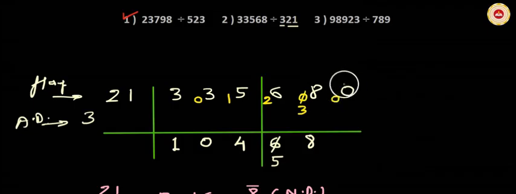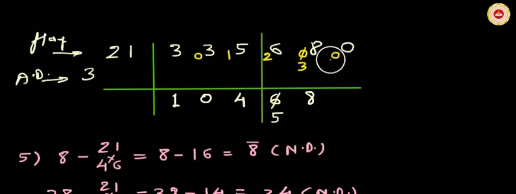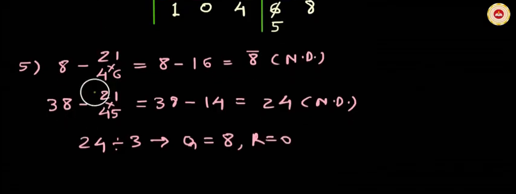Now read these two digits 0 and 0 as 0. So friends, let us use this gross dividend to calculate net dividend, but write this fifth step.